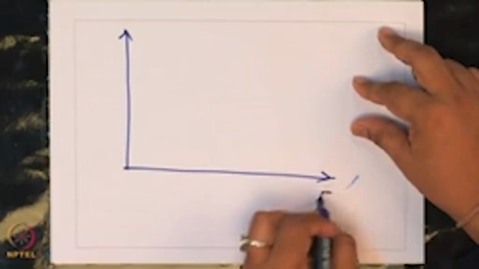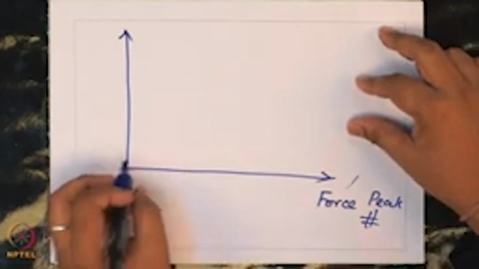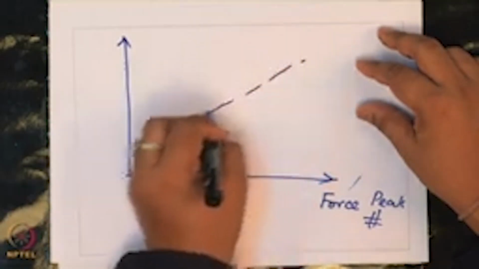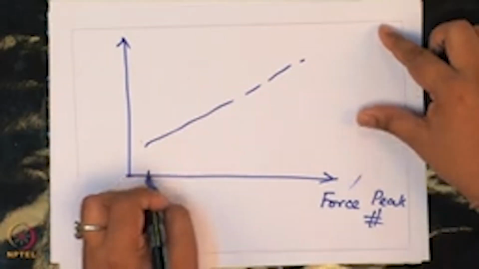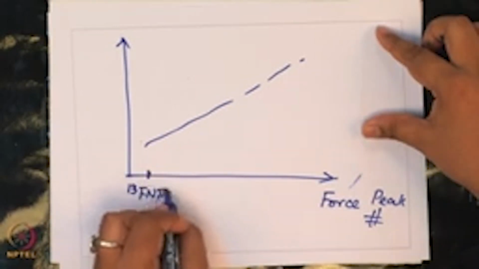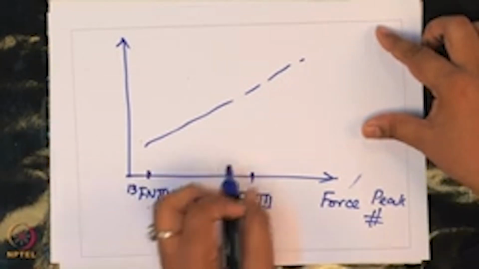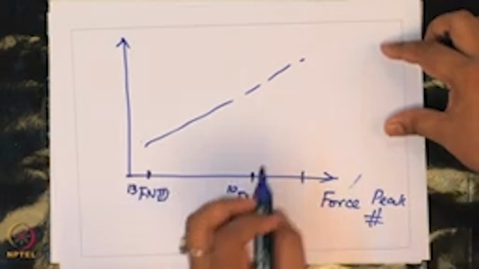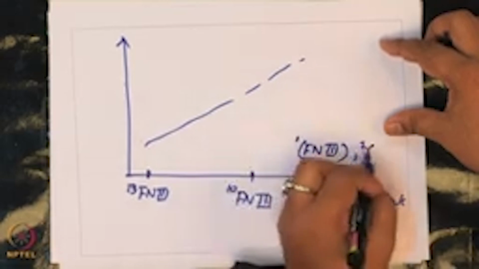If I were to draw force peak number, so at the initial ones, you will have a linear force curve, an increase in forces, and among the very first ones which unfold is certain Fn3, your Fn10, which contains the RGD sequence, has some intermediate force, and among the highest forces are domain 1 and domain 2.